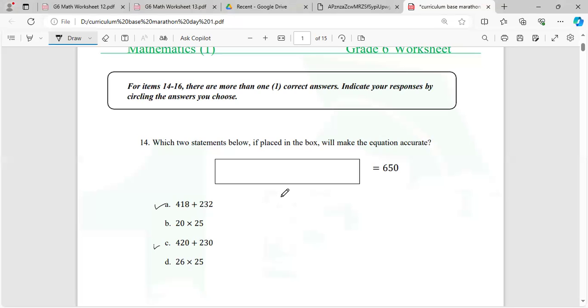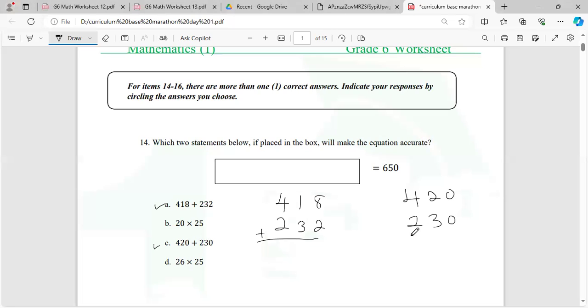So I tried all of the numbers. 418 plus 232 would give you 650, and 420 plus 230 would also give you 650. I agree, sir. Alright, let's add it up then.